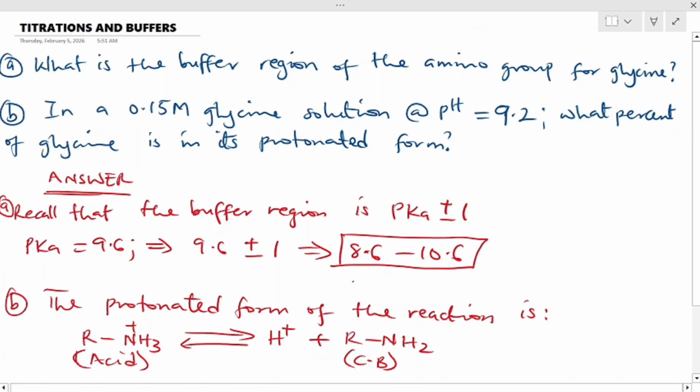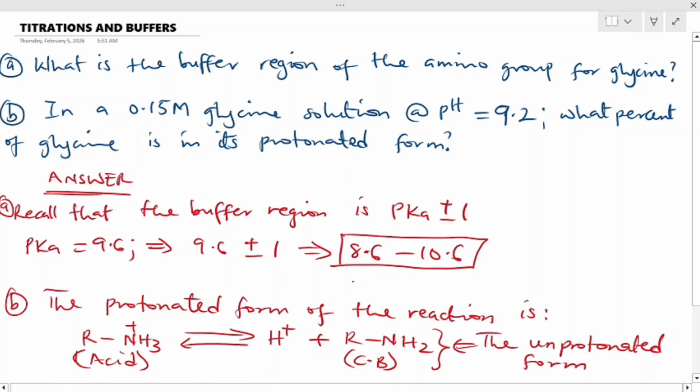This form as it is, this conjugate base right here, is the unprotonated form because it's the one accepting the proton. It's not giving out the proton. The proton has been given up and it's formed the conjugate base. So this form here is the unprotonated form.